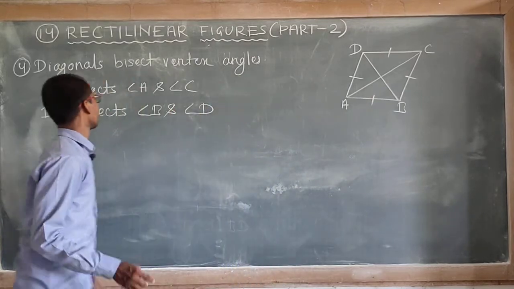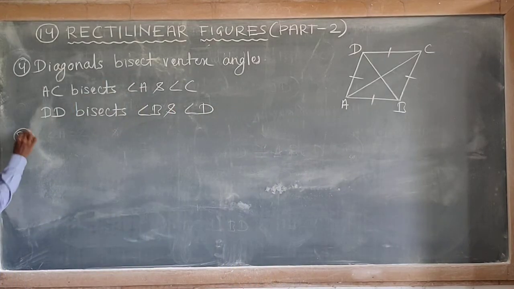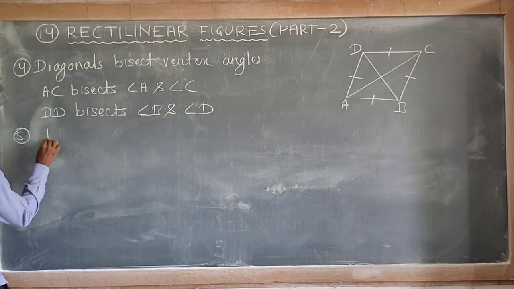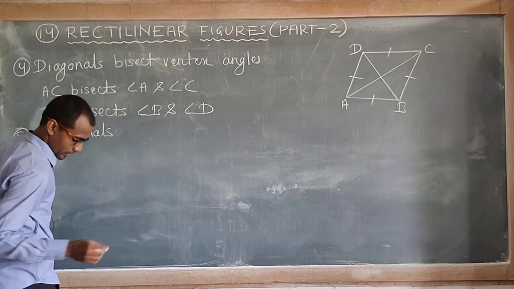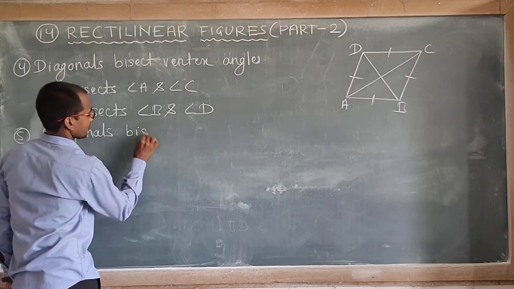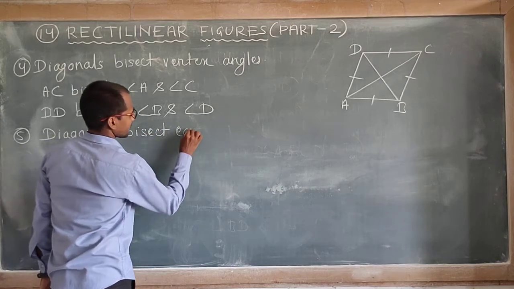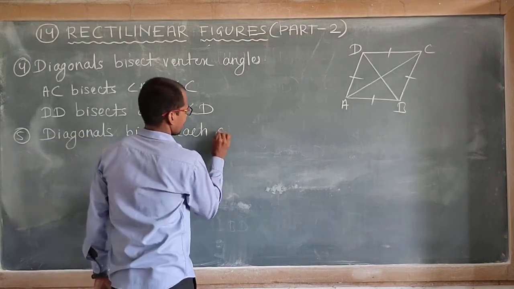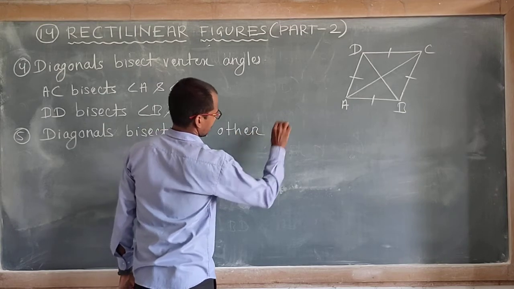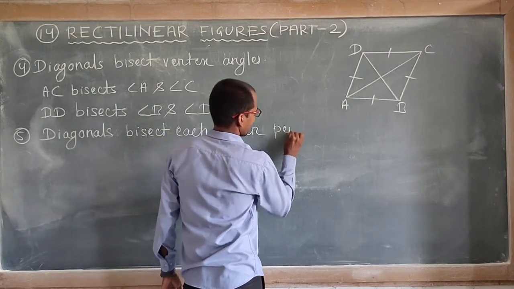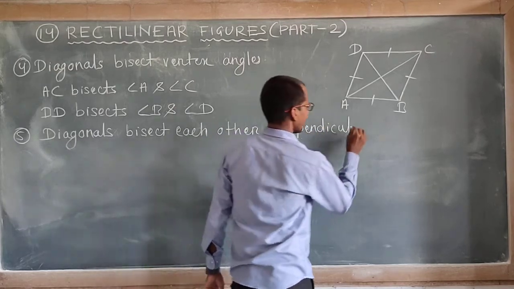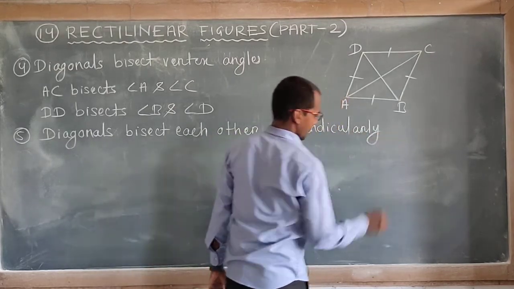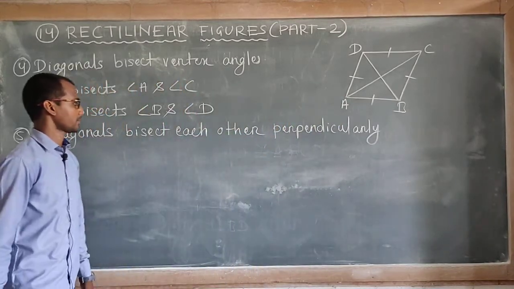Okay. Next, diagonals bisect each other perpendicularly. Okay.